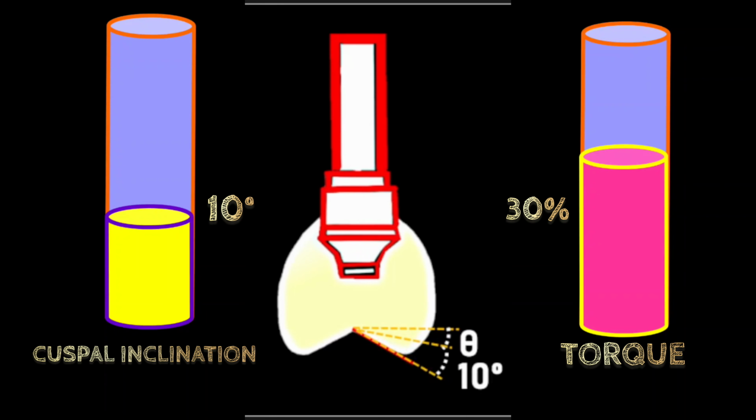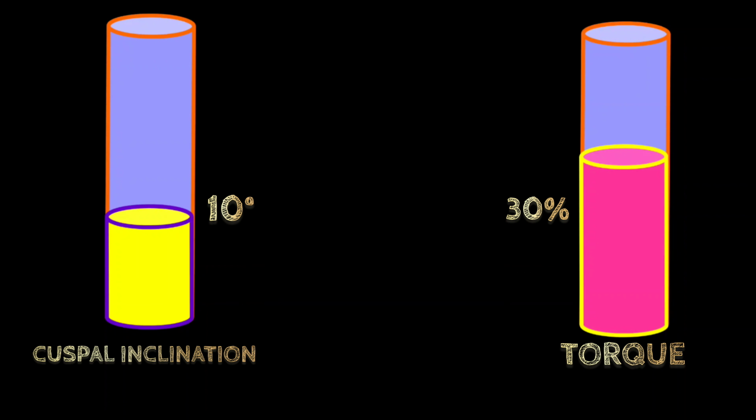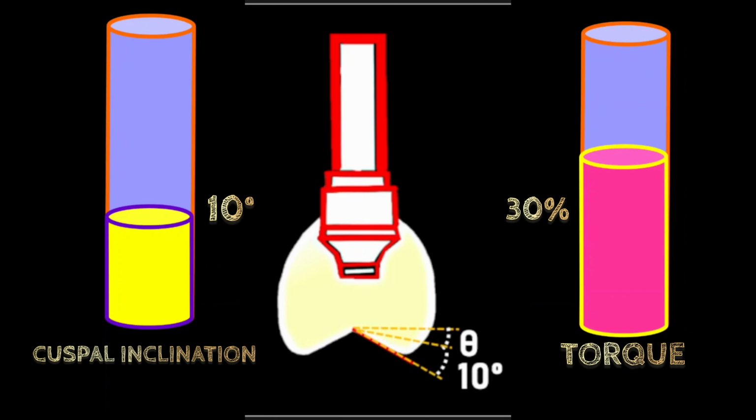The major cause of implant prosthesis failure after phase 2 surgery is attributed to implant overload due to steeper cuspal inclination. Controlling the cusp angle of implant prosthesis is therefore critical for long-term success and clinical longevity of the implant prosthesis.